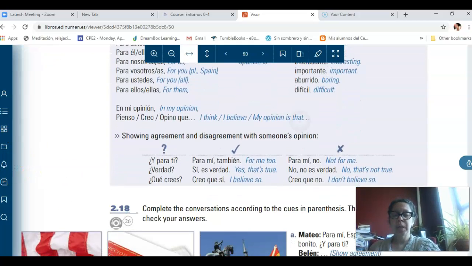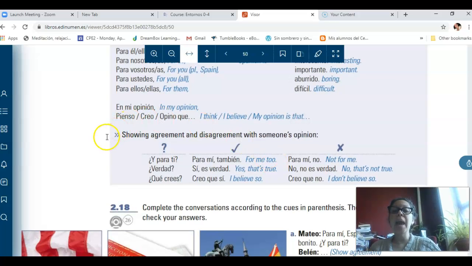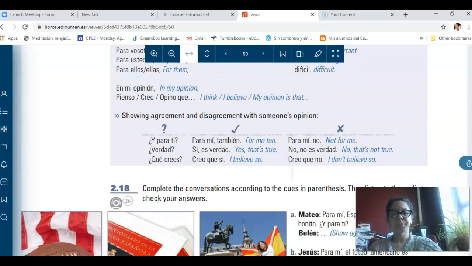Another way to express opinion will be en mi opinión, okay? En mi opinión, or pienso que la música es fantástica. Or creo que la música es fantástica. Opino, opinion, ¿verdad? Opino que la música es interesante. ¿Sí?